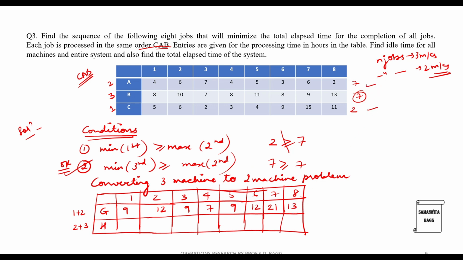Adding these two. Now I am going to add the first and the second one. So this is 12, 16, 14, 12, 16, 11, 15, 15. So once this is done, now we can find out the optimal sequence.